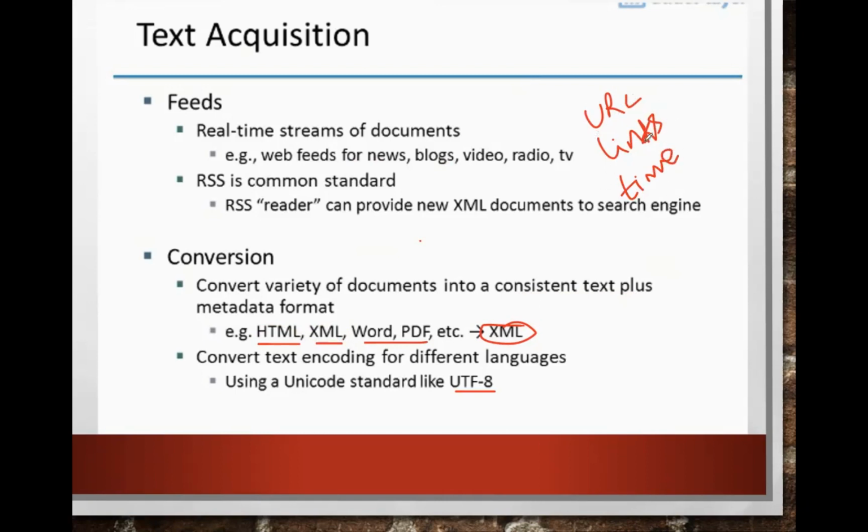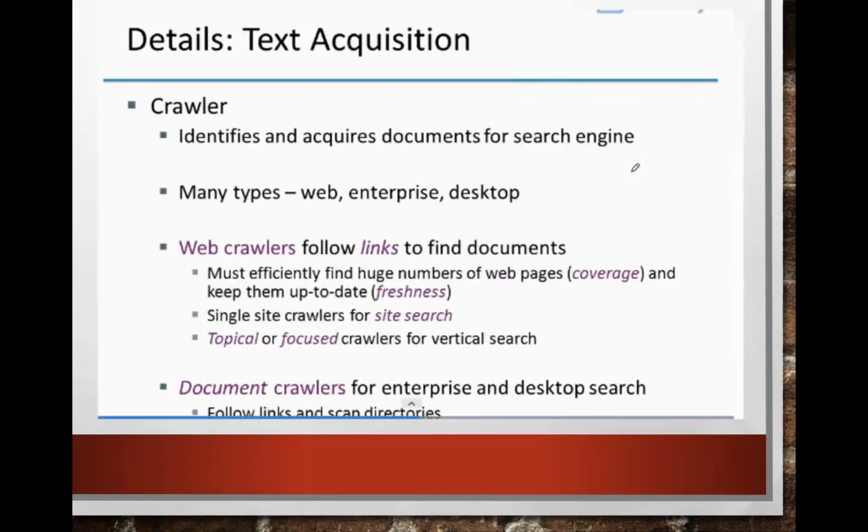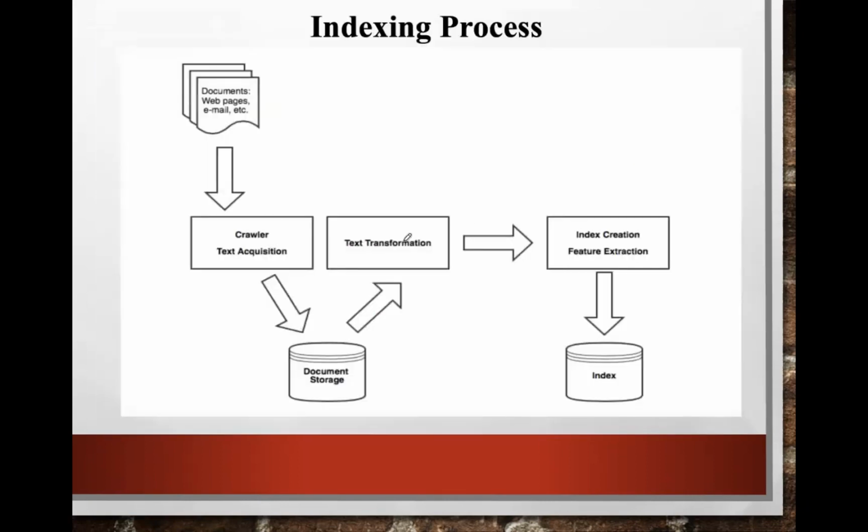So normalized documents should be stored along with the metadata. The document store serves as a fast input to the indexer and sometimes the user interface also. If you see the picture here, after text acquisition, the next step is document storage, which serves as a fast input to the indexer and sometimes for the user interface also.